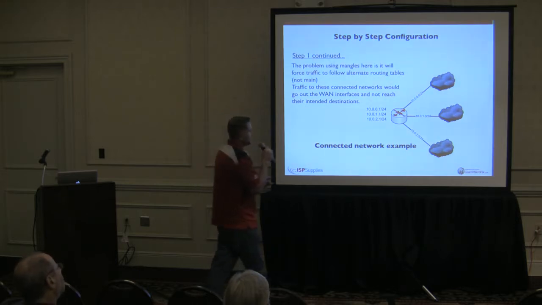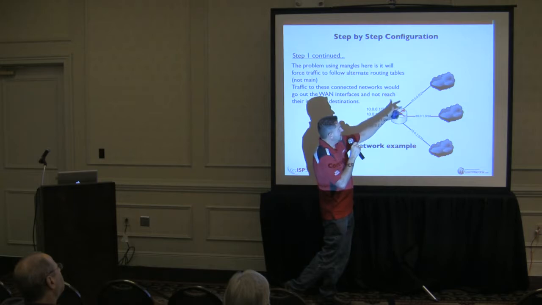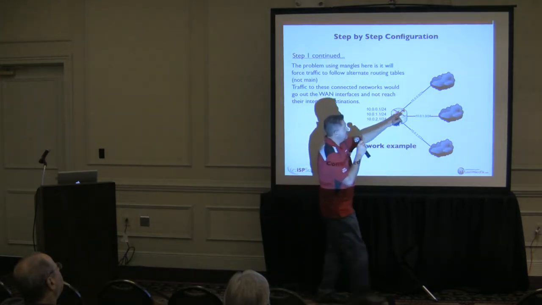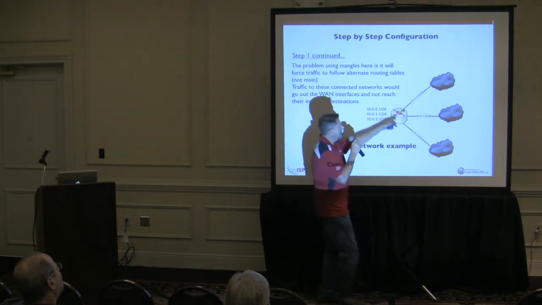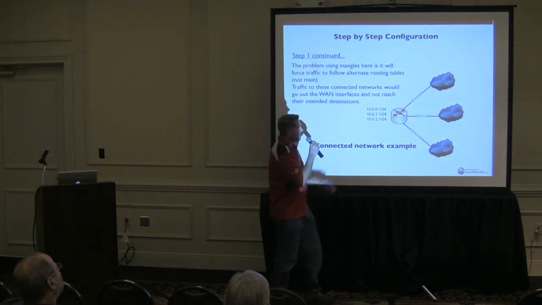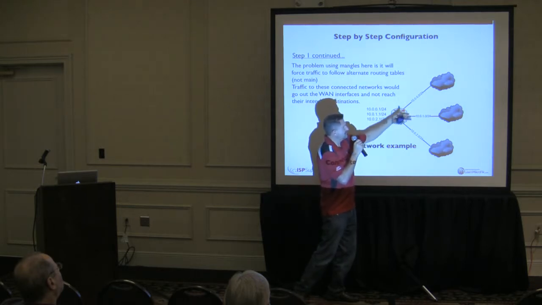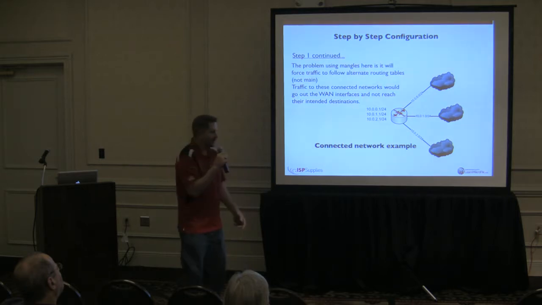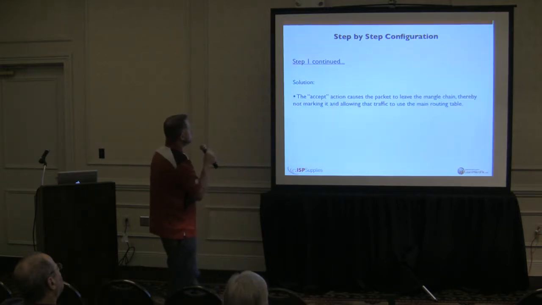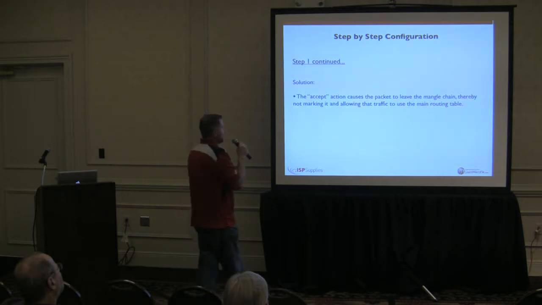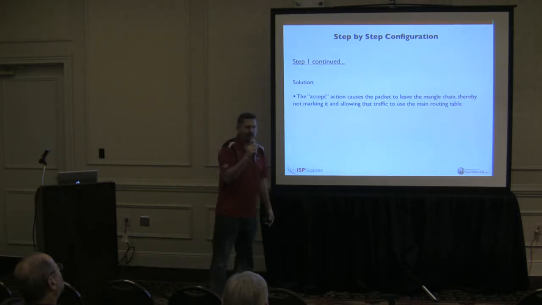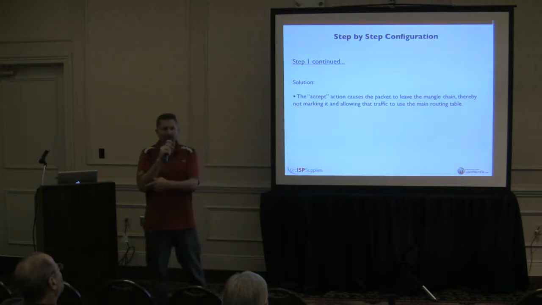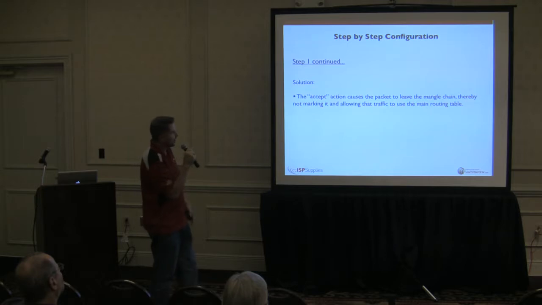So here's the scenario. We have a router and it's connected to 3 different networks. What we don't want to do is send packets that need to go to this network out of a different interface. We want these particular packets to follow the main routing table, and we do that by bypassing our mangle rules. There is an accept action in mangle, and what the accept action does is simply allow the packet to flow out of the mangle chain without continuing down and marking the packet.